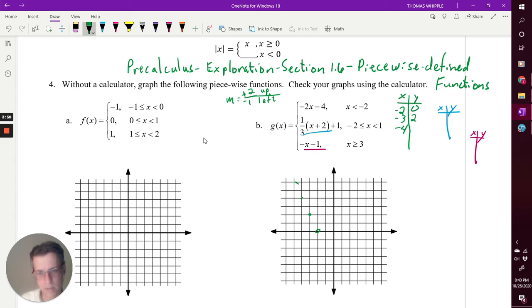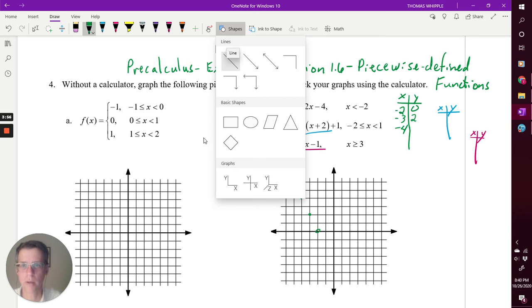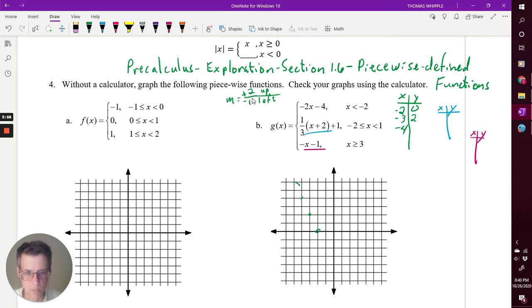I'm going to see if I can draw it in. I may just have to resort to using a shape up here. Sometimes the shapes don't work great either, but let's see if we can get a line to go through our points. There we go. It's kind of hard though to get the line to do exactly what you want it to. But let me see if with my mouse I can maybe grab that piece.